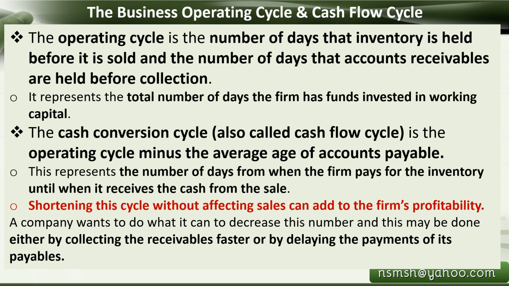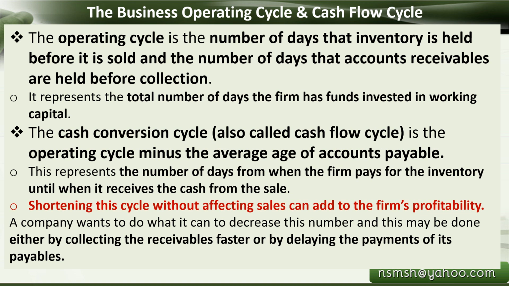The business operating cycle and cash flow cycle. These are the two important measurement tools to measure effective cash management and in fact working capital management itself. The operating cycle is the number of days that inventory is held before it is sold and the number of days that accounts receivable are held before collection.